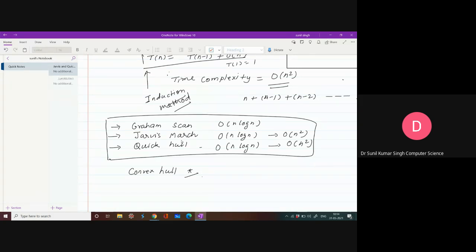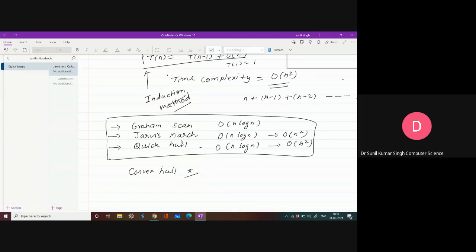Can you think about it? n is very simple, all the n points. The term order of n which we have taken is for the distance. And where is log n coming from? Just try to think, and if you are not able to think, I will discuss it again.